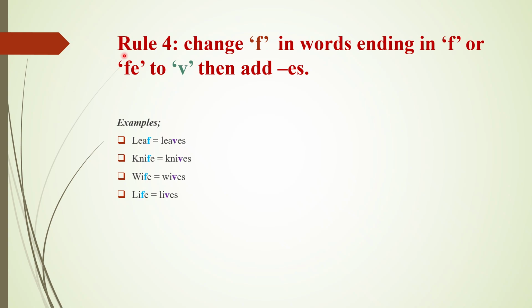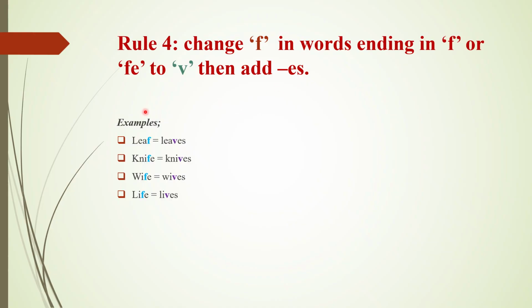In rule number four, we are looking at words ending in f or fe. Some regular nouns ending in f or fe normally change the f to v, then we add es.